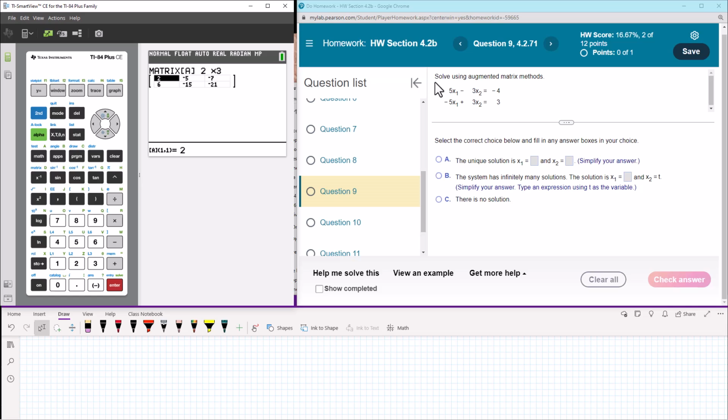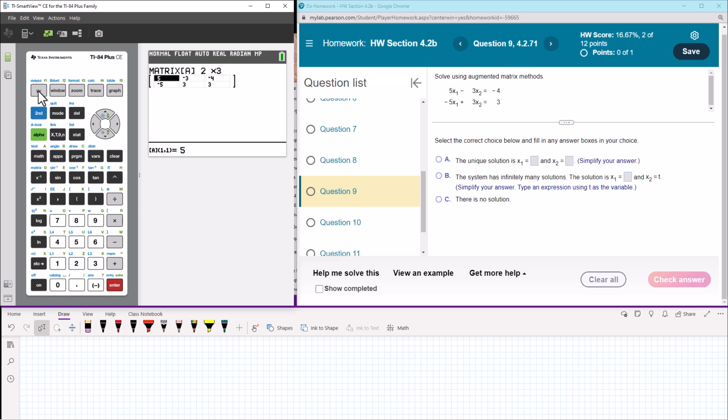Now remember, the first row corresponds to the first equation. So we're going to have 5, negative 3, negative 4. For the second row, we're going to have negative 5, 3, and 3. So negative 5, making sure you use this negative, 3, and 3.